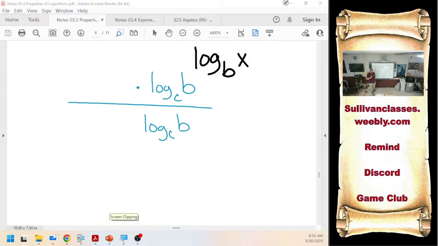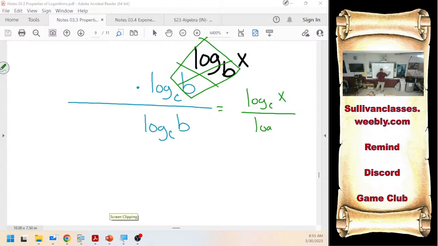And what did we say happens when the object of the log and the base of the log are the same? They cancel, so all this goes away, and that x comes down here, turning it into log base c of x over log base c of b. So that's where that change of base formula comes from.